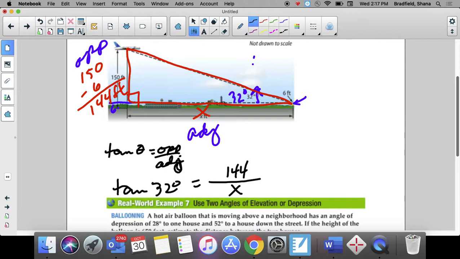Like I said before, when x is at the bottom, the x and the trig function switch places. So that would be equivalent to x equals 144 over the tangent of 32 degrees, and then we would solve for x.